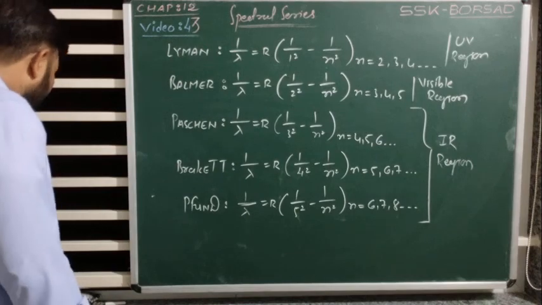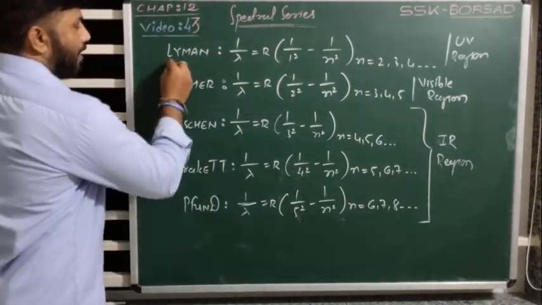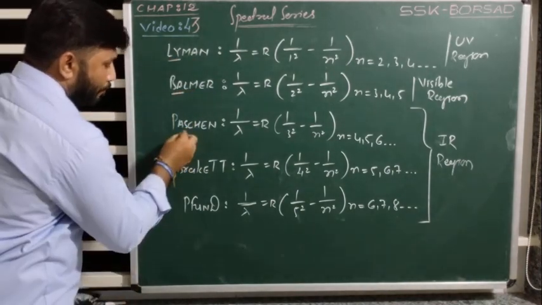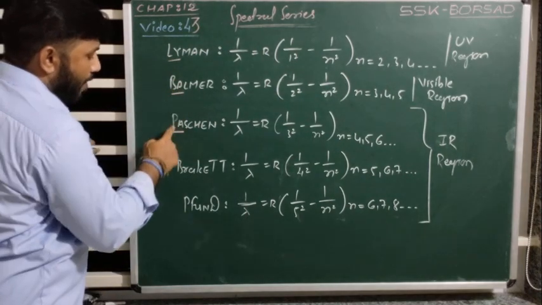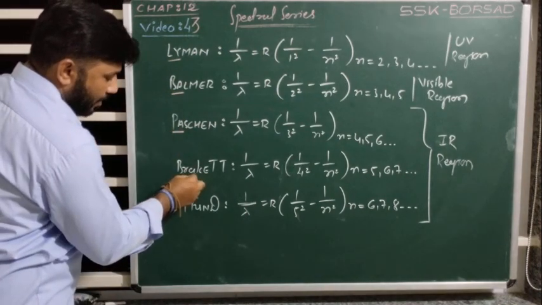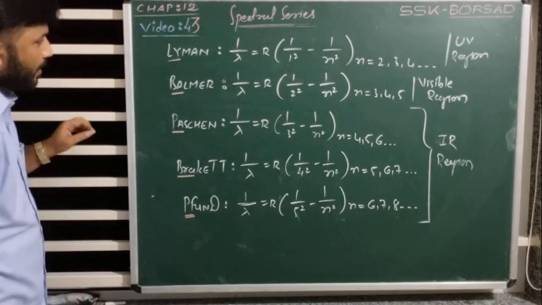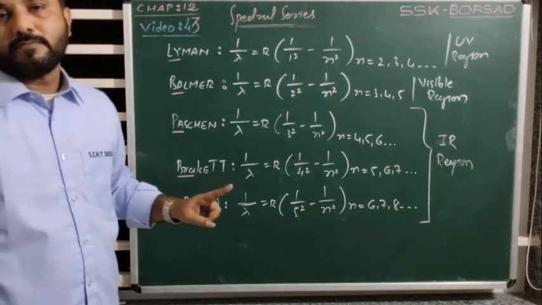Lie means Lyman, Ba means Balmer, Pa means Paschen. Break, Pf, Fast.